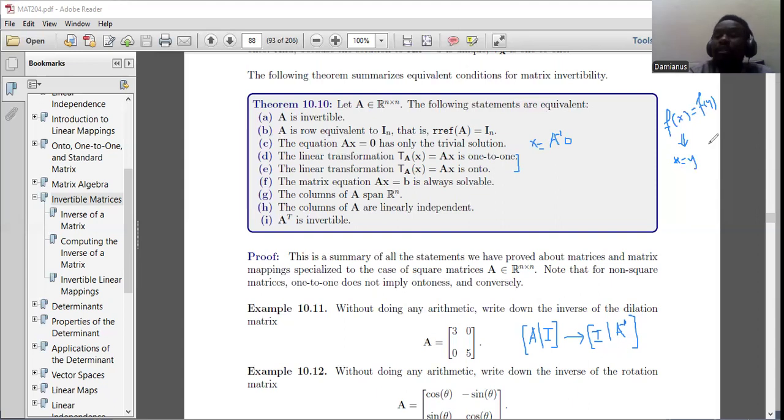This is for functions. And remember, a linear transformation is just a function. So I just changed my f to T. So if T of x equals T of y, that means that x equals y, then T is 1-to-1.